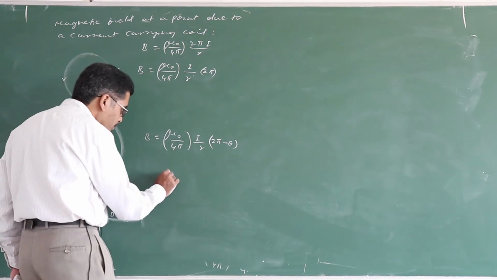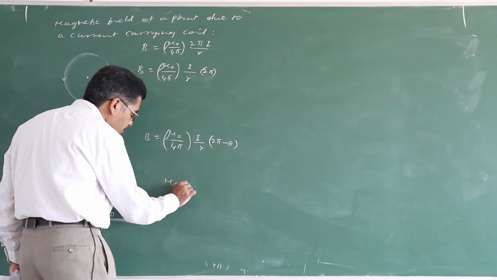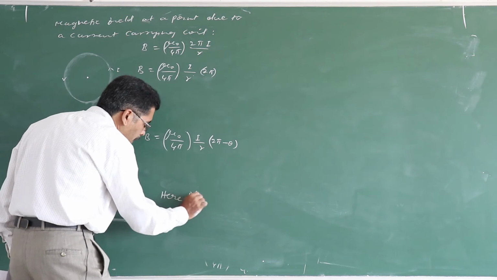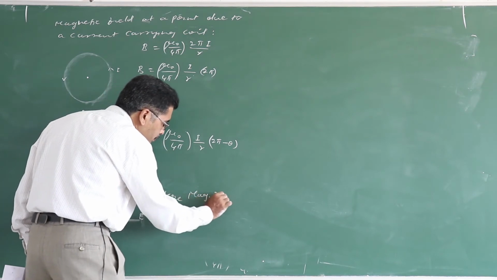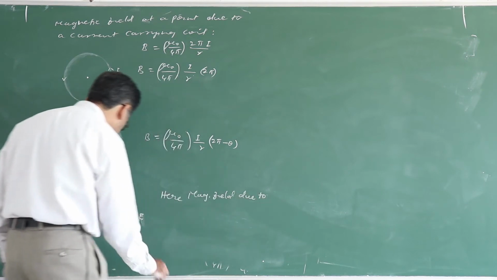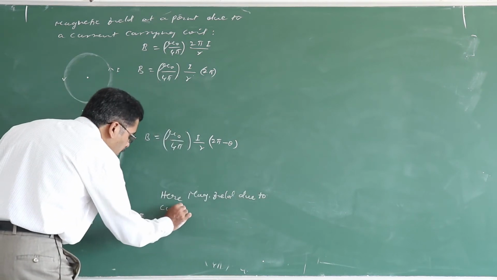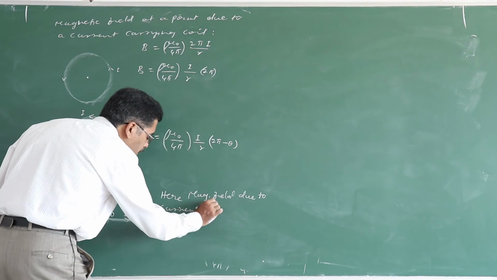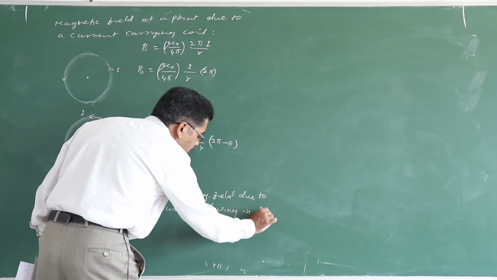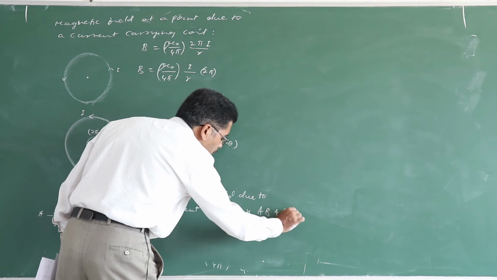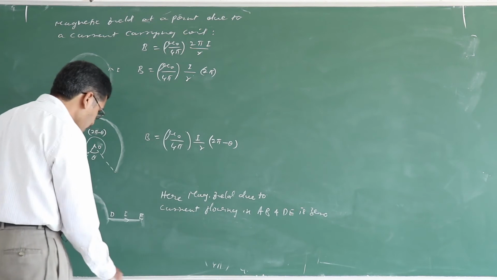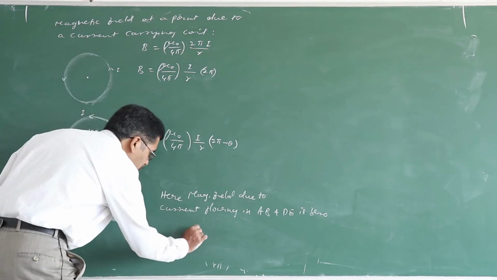The magnetic field due to current flowing in AB and DE is 0. Therefore, what is the magnetic field at the center?